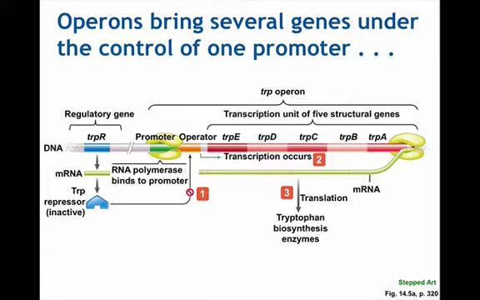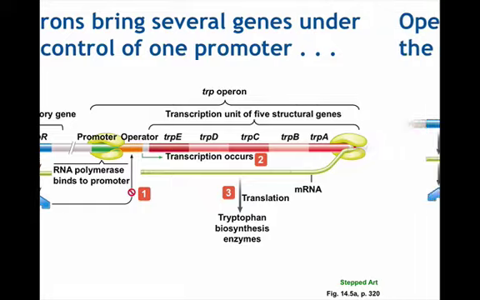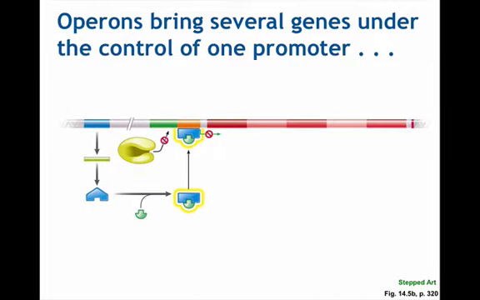Now, of course, what makes this cool is that this system can sense the presence of tryptophan. If there is already lots of Trp, here, the green thing is Trp.